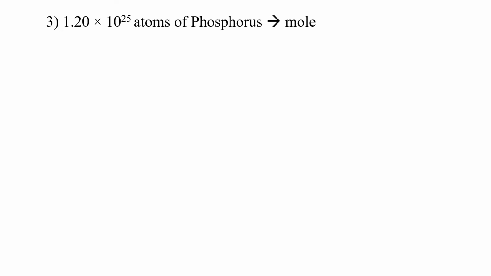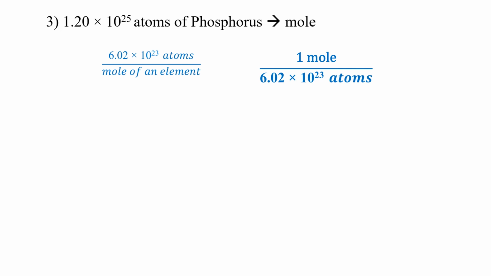The given is 1.2 times 10 to the 25 atoms of phosphorus to be converted to moles. It says, how many moles are in 1.20 times 10 to the 25 atoms of phosphorus? Again, there are two factors.